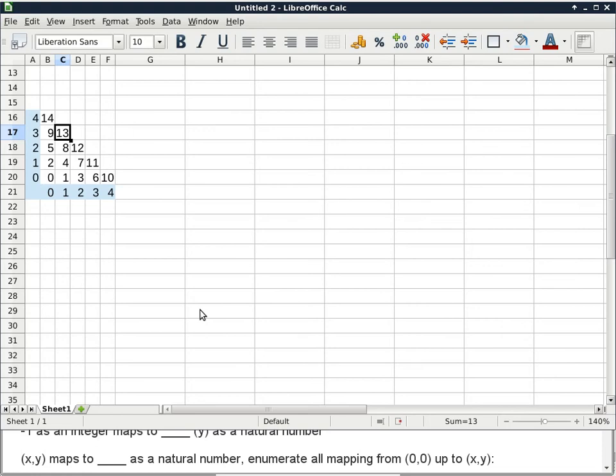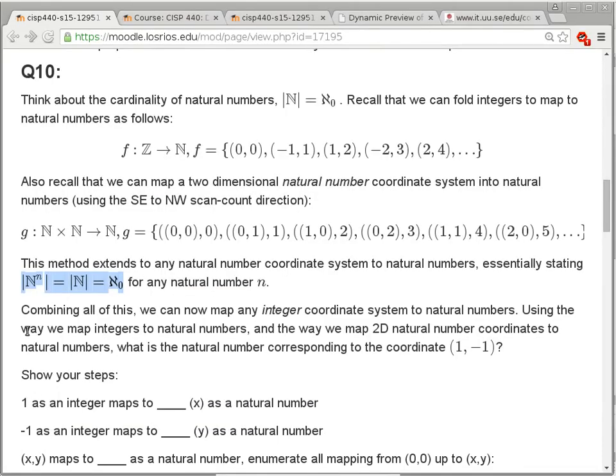Now, if it is a bijective function, then I have just proven the cardinality of something like this, which is the Cartesian product of natural numbers with natural numbers, is the same as the cardinality of just natural numbers, because it is a bijective function mapping from the domain to the codomain.